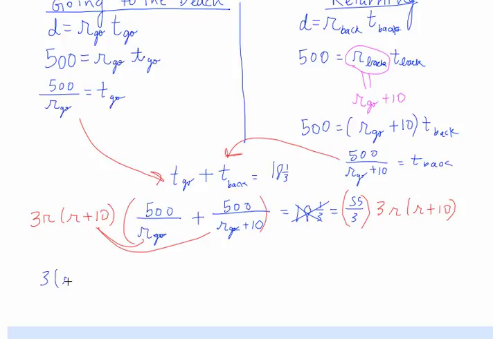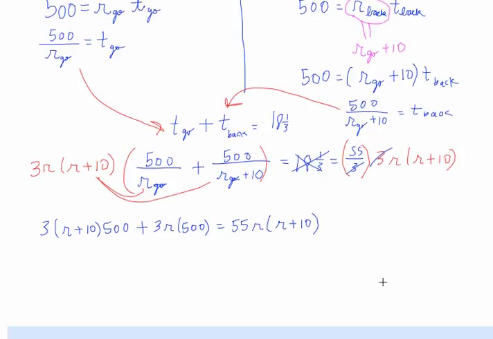So we're going to have 3 times r plus 10 times 500 plus, now when we distribute it over the second term, this r plus 10 will cancel with that r plus 10. So we're just going to be left with 3r times 500. And on the right, those 3's cancel, so we get 55r times r plus 10.